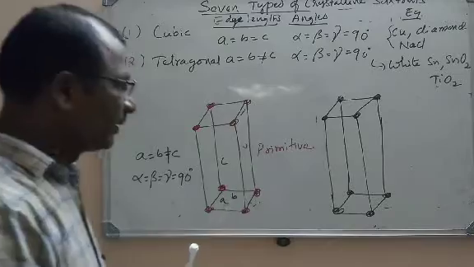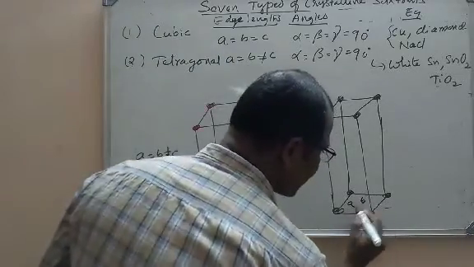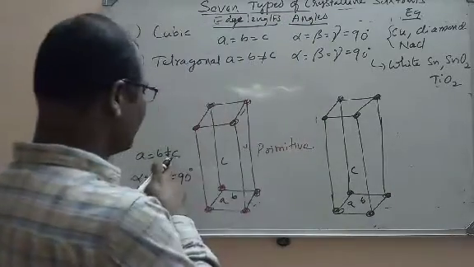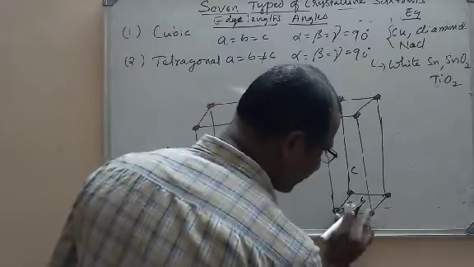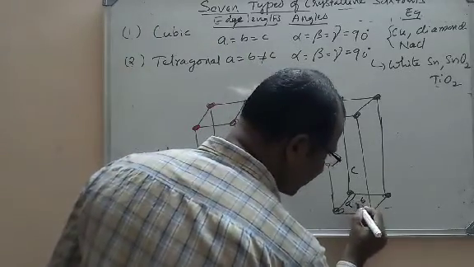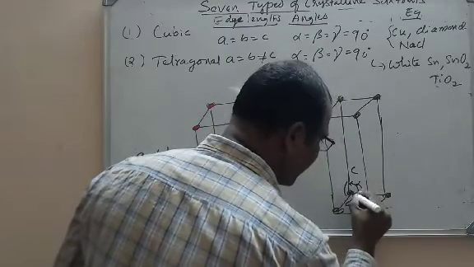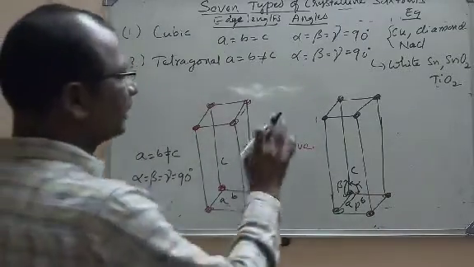Now here this is a tetragonal system again. Why? A is same as B, but C is different. Here also A is equal to B but is not equal to C. Angles I already have shown you. So this is gamma and this is alpha and this is beta. Each is 90 degrees.